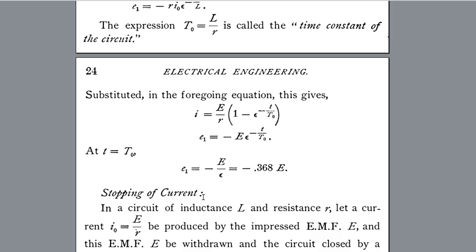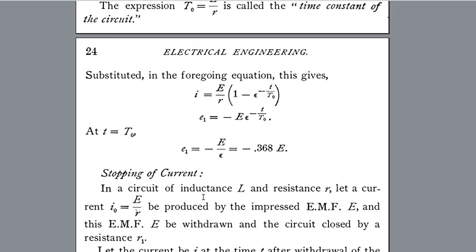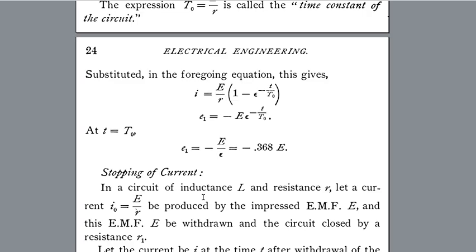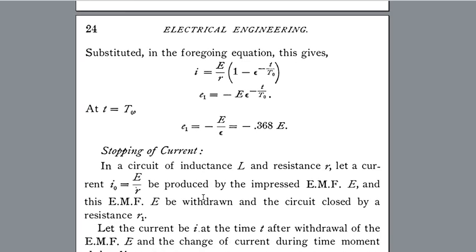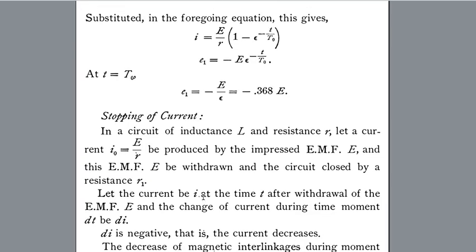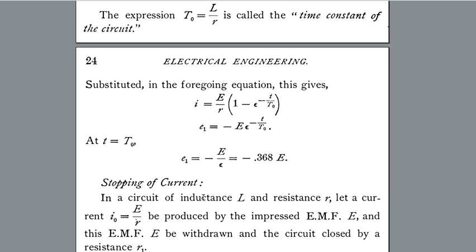Substituting the value of e to the power of negative 1 equals 0.368, we find I equals E divided by R times the quantity 1 minus 0.368, which equals 0.632 times E divided by R, and E1 equals negative E times 0.368, which equals negative 0.368 times E. Thus, at time t equals L divided by R, the current is I equals 0.632 times E divided by R, and the electromotive force of self-induction is E1 equals negative 0.368 times E.